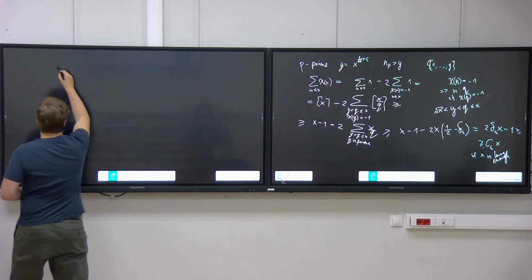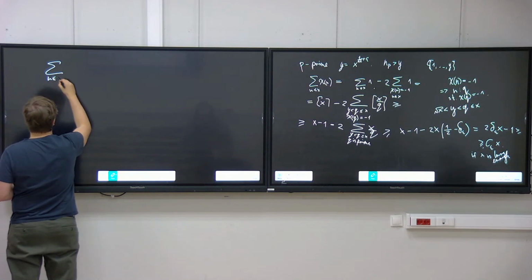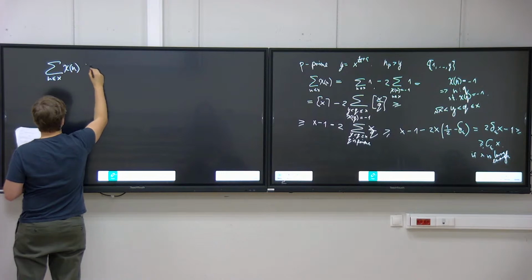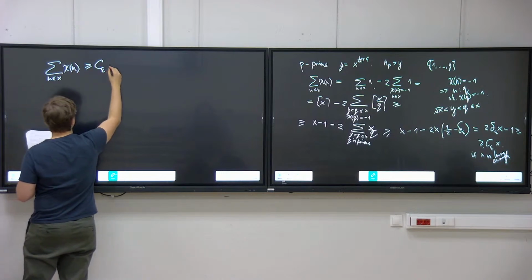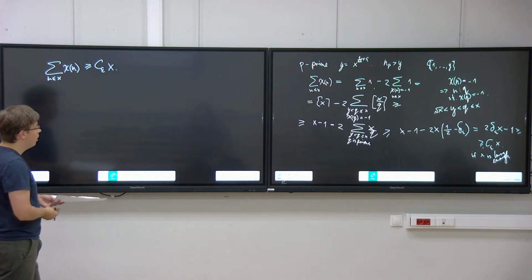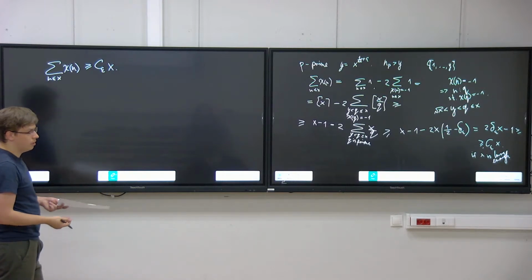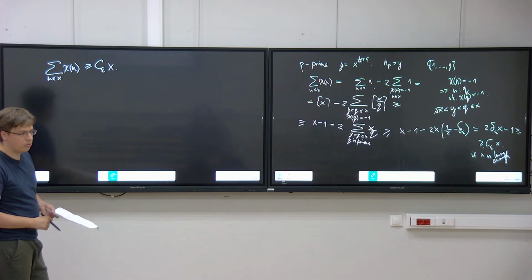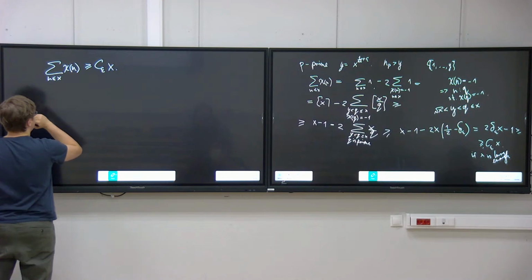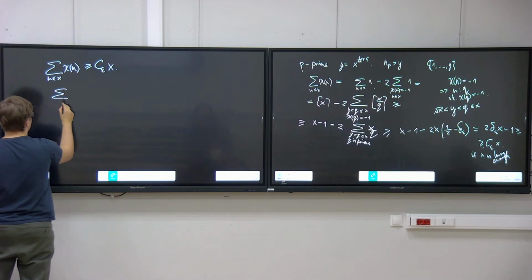So we know that such sum KFN is bigger than epsilon x, yes, for our choice of epsilon. And now we want a contradiction. How to get this? Do you know some upper bounds for this sum?